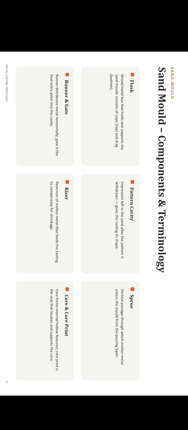Runner and gate: the runner distributes metal horizontally; the gate is the final entry point to the cavity.